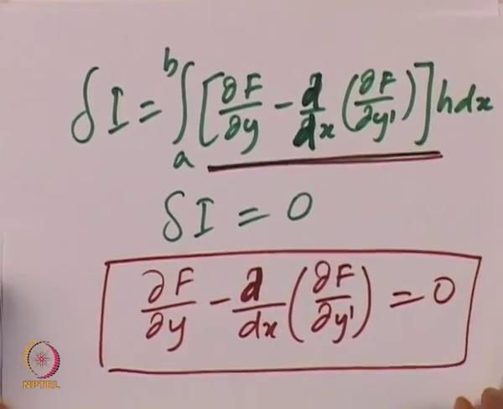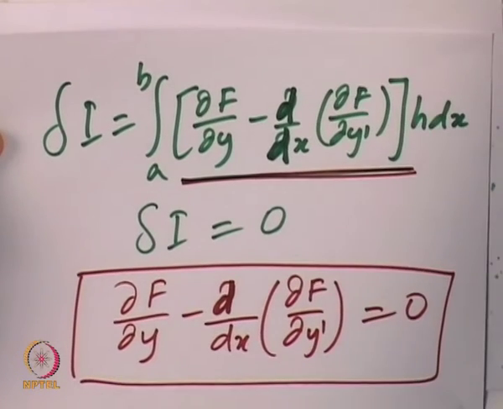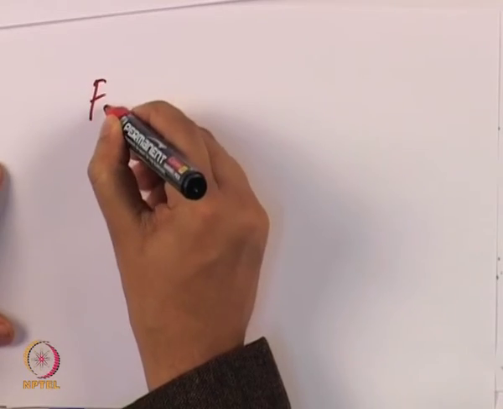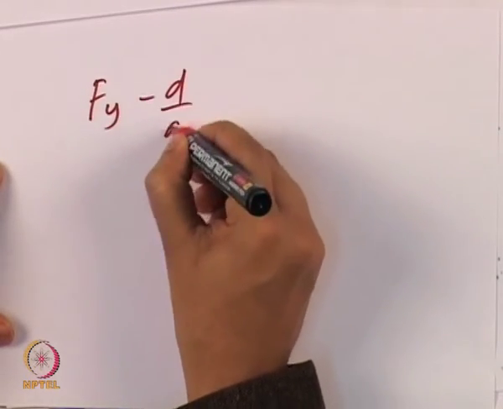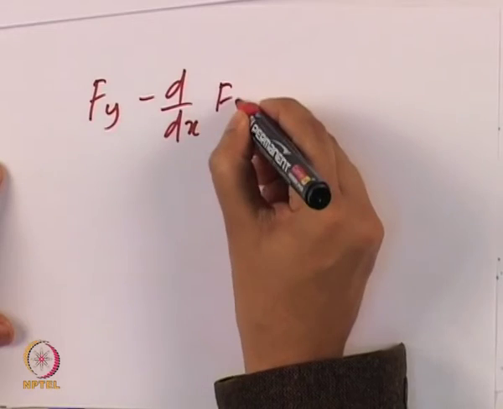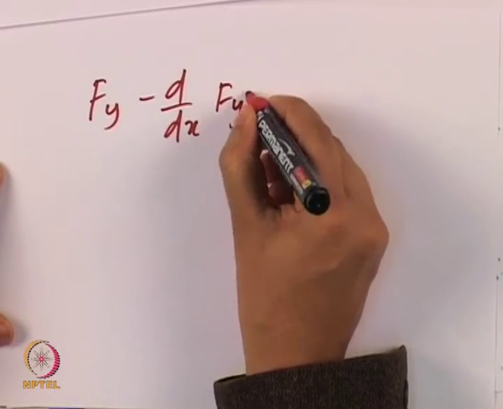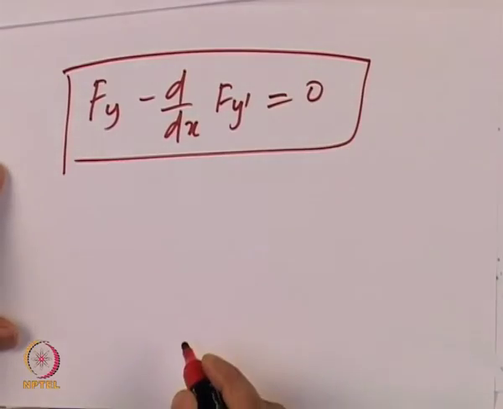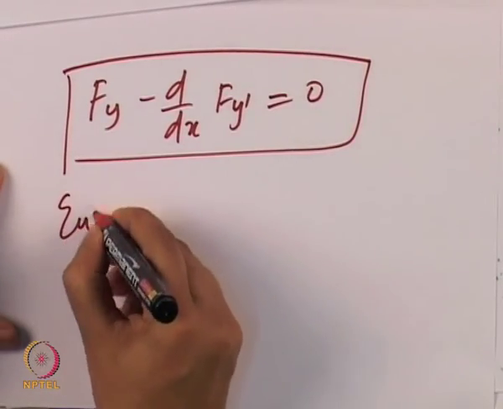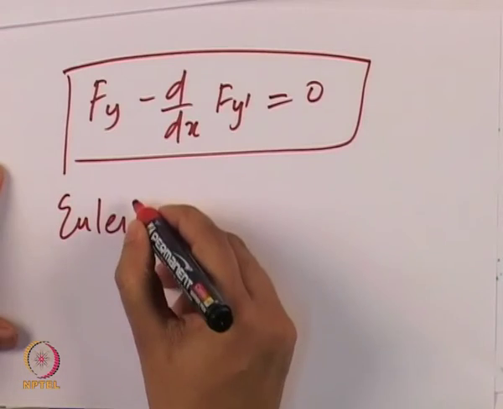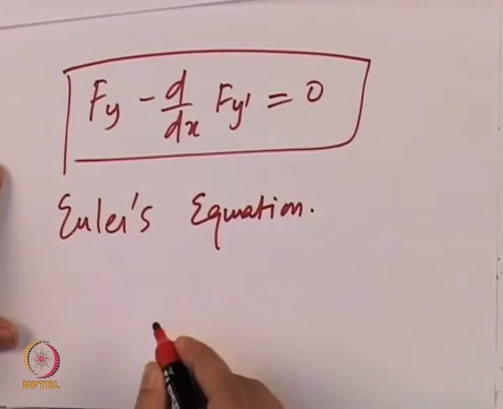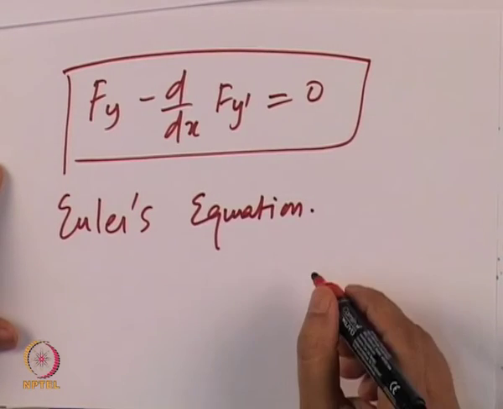We can write this in a short form, abbreviating the terms in a simplified notation: f of y minus d by dx f of y dash is equal to 0. This is nothing but what they call the Euler equation in the numerical methods. This is the Euler's equation for this problem where I have an extremum.